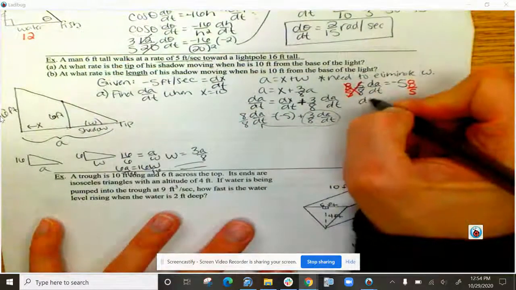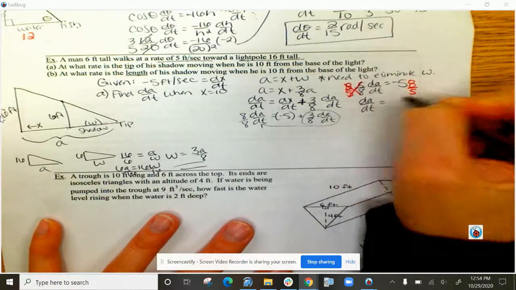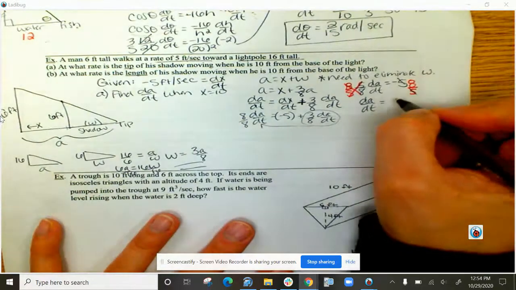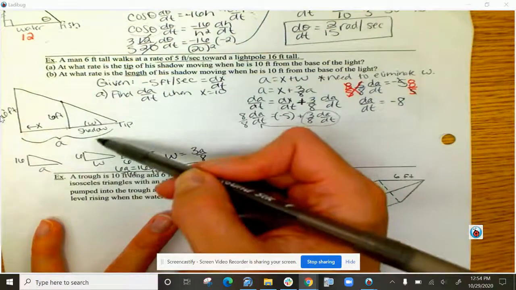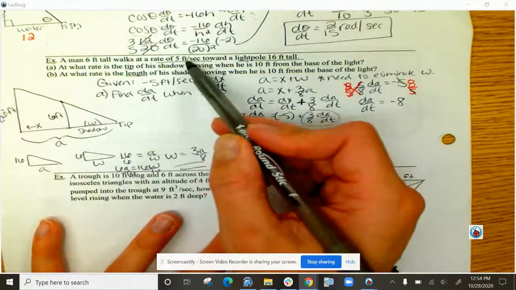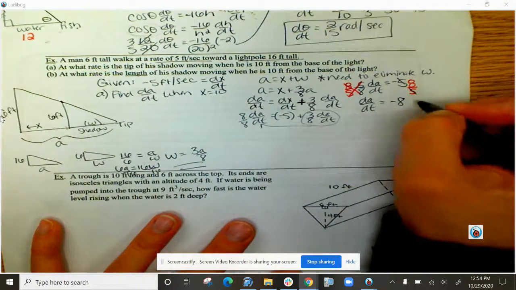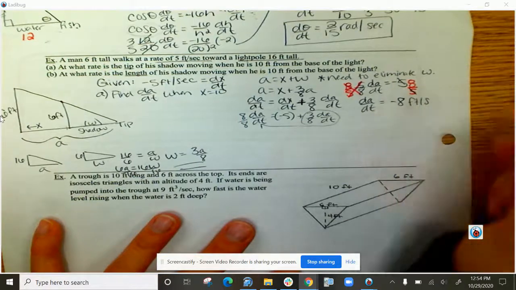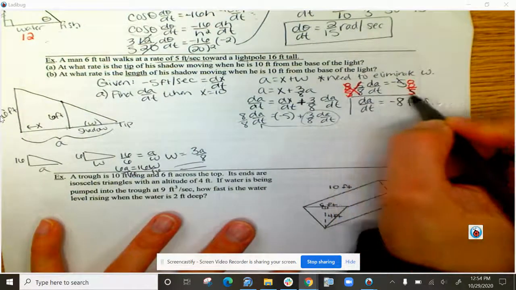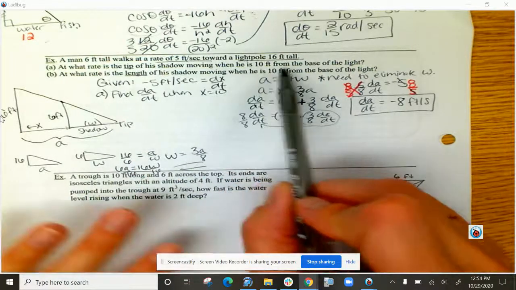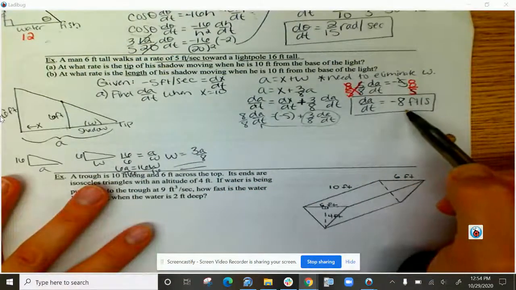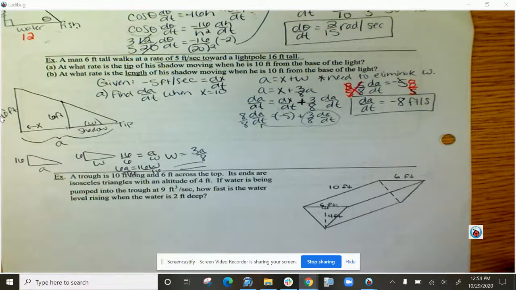So I get dA/dt, my 5's will cancel to be -8. And because this is a length and my units were feet, this is feet per second. So the rate at which the tip of the shadow is moving when he is 10 feet from the base of the light is -8 feet per second on that one.